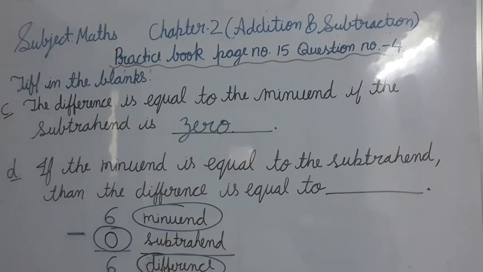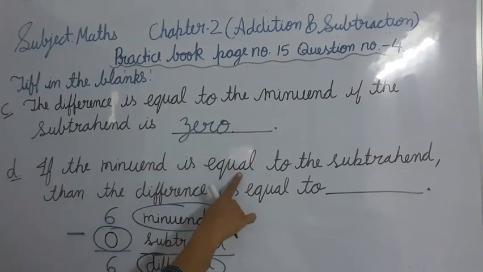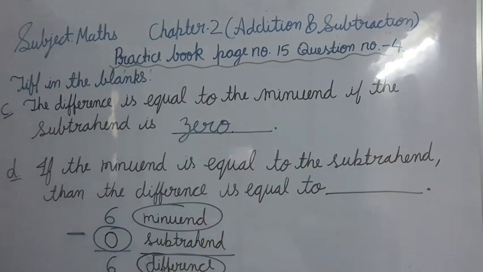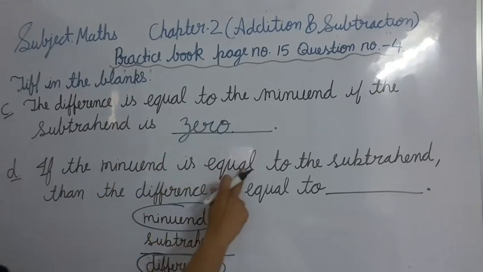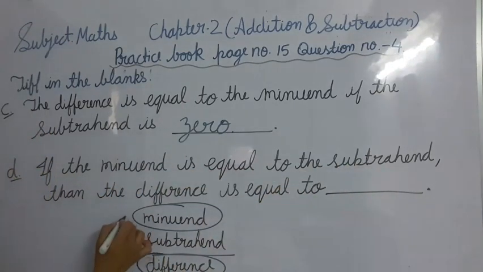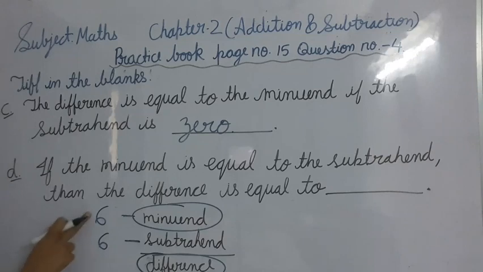Okay. Now come to the second one. If the minuend is equal to the subtrahend. This minuend and this subtrahend both are equal. You can take any number. I am taking 6 here. You can take a larger number, you can take 2, you can take 3, you can take 1000 or lakhs. It will apply to all.